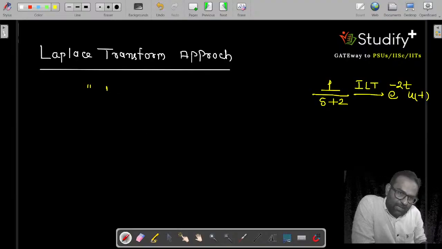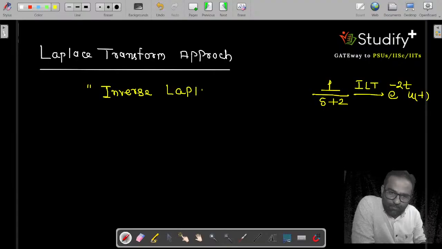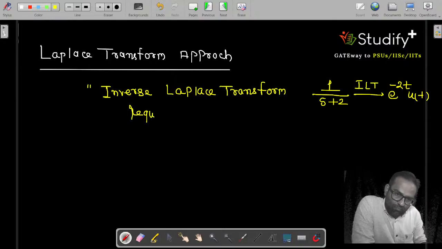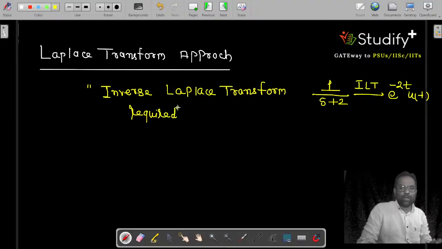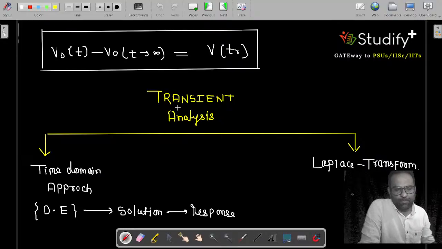So knowledge of inverse Laplace transform is required when we are using the Laplace transform approach.